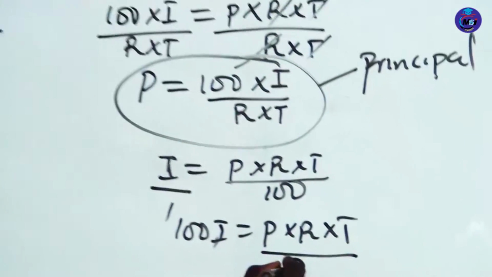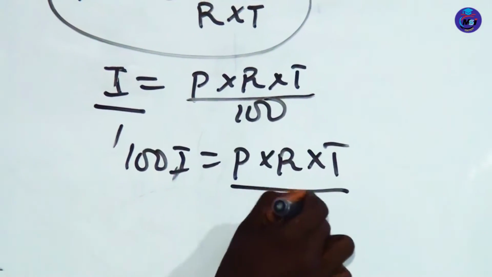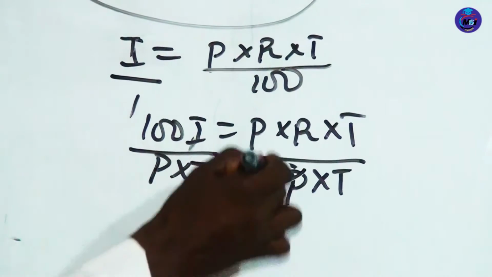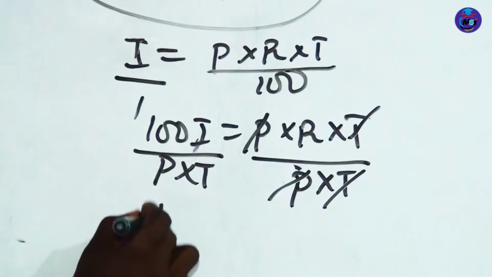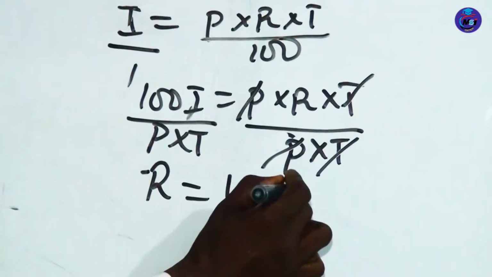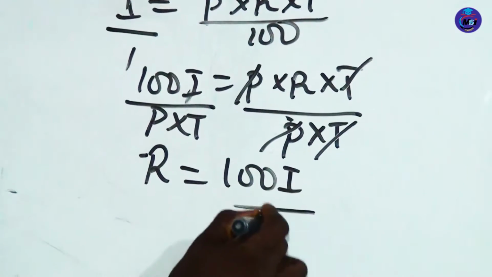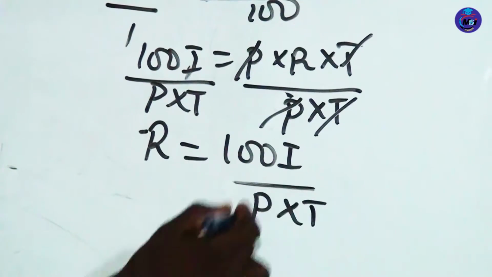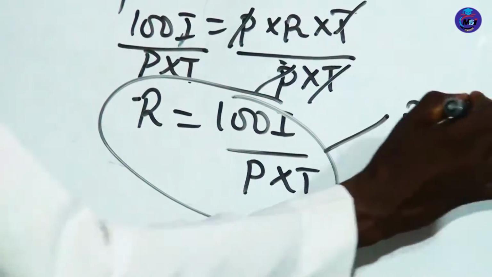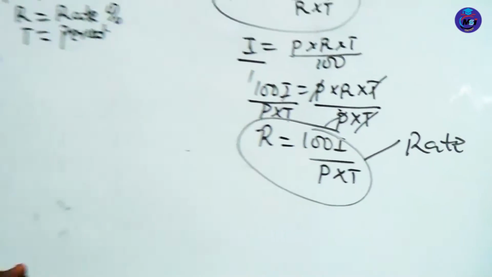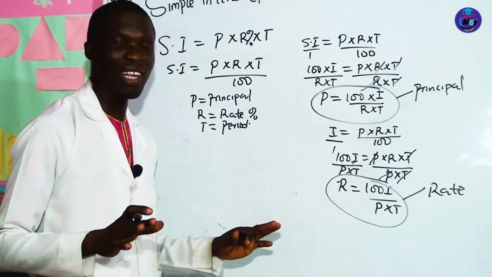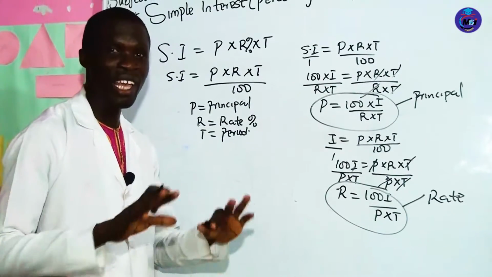Divide by P times T, so P cancels P and T cancels T. R gives you 100I divided by P times T. So this is what you use to find your rate. I'm just giving you this so that you will find it so easy. Remember, MSI EduTech online home lesson, you study at ease.